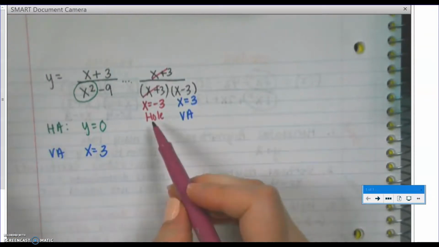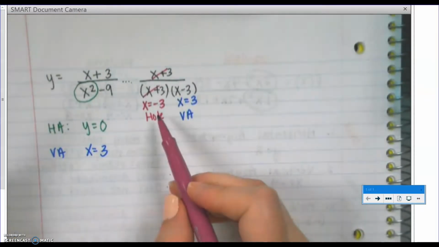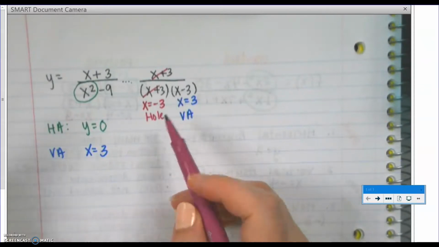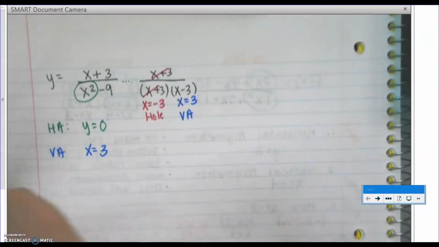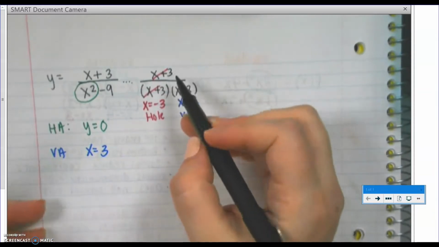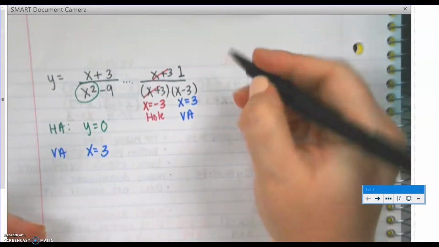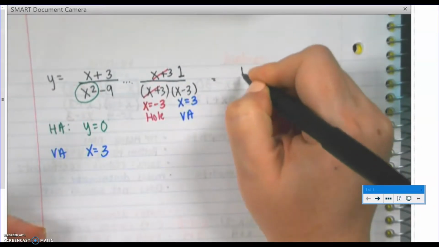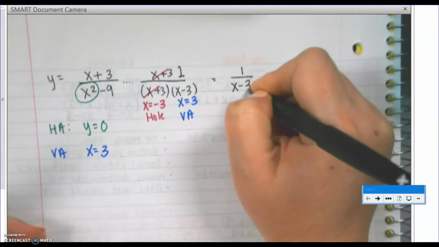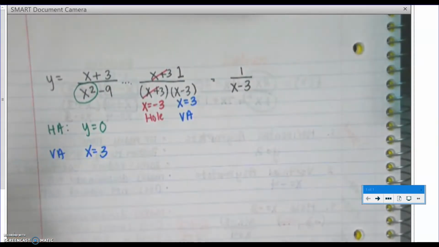To finish finding the y value of the hole, I have to look at the simplified version and plug -3 in wherever I see x. Whenever you completely cancel the numerator, you have to make sure you put 1 as a placeholder. So my simplified version is 1 over x minus 3.